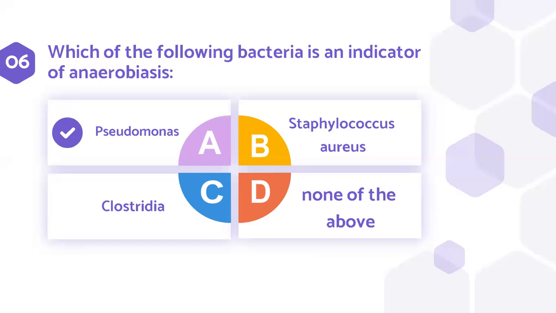Generally, in anaerobic methods of cultivation, we use biological methods. In the biological methods of anaerobic culture, we incubate one strict aerobic organism along with the anaerobic bacteria. So here, two blood agar plates: one is inoculated with Pseudomonas aeruginosa, an obligate aerobe, and another with the specimen which is expected to contain the anaerobic organism.